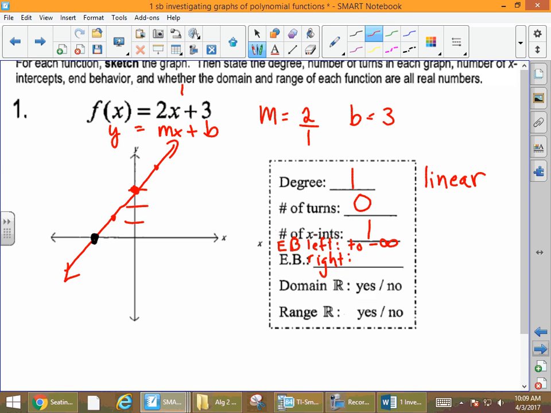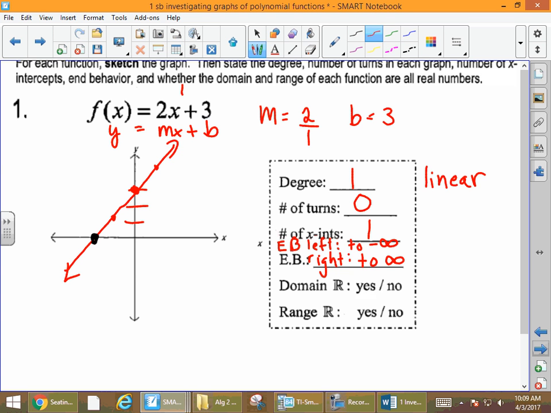And then our end behavior on the right, when we look at our picture, we're going up, up, up, and we're going to continue on and on to positive infinity.